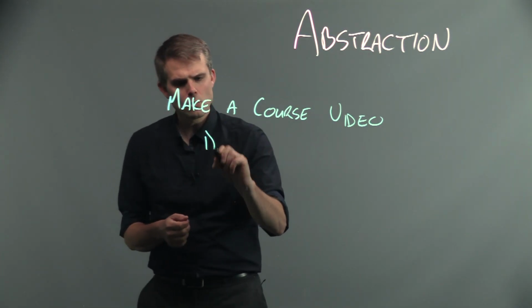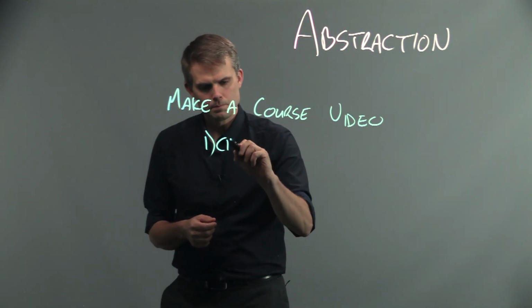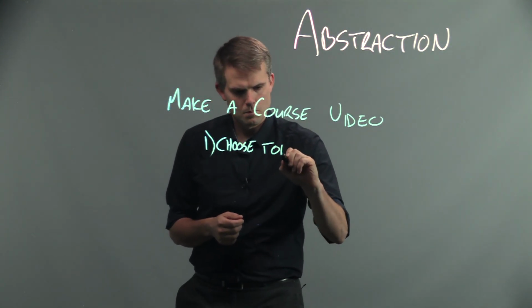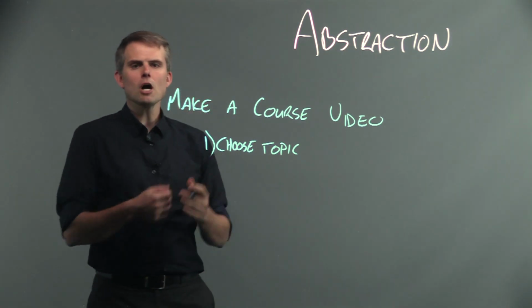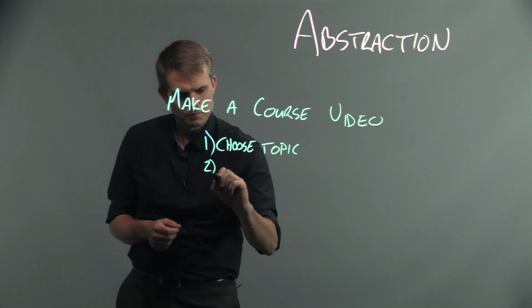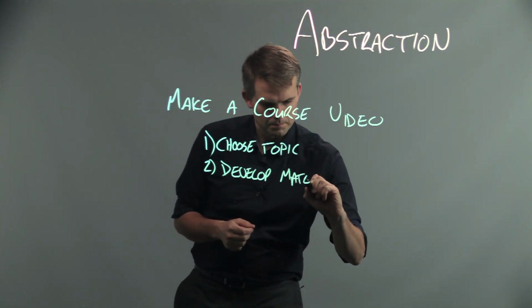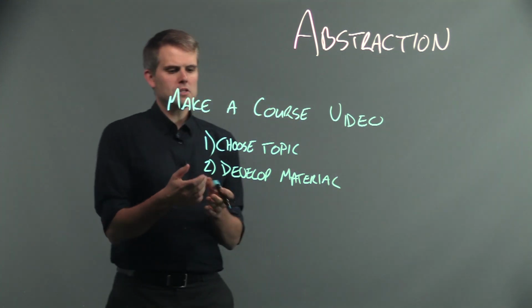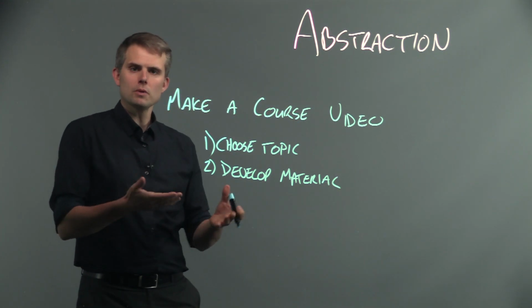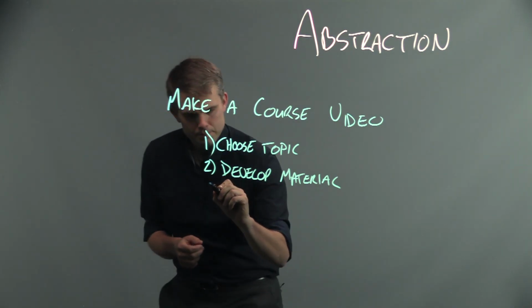So the first thing we need to do is choose a topic. And then once we have a topic, we need to develop some material. All right, so once we have a topic and we have some material, we need to go to the studio and record.